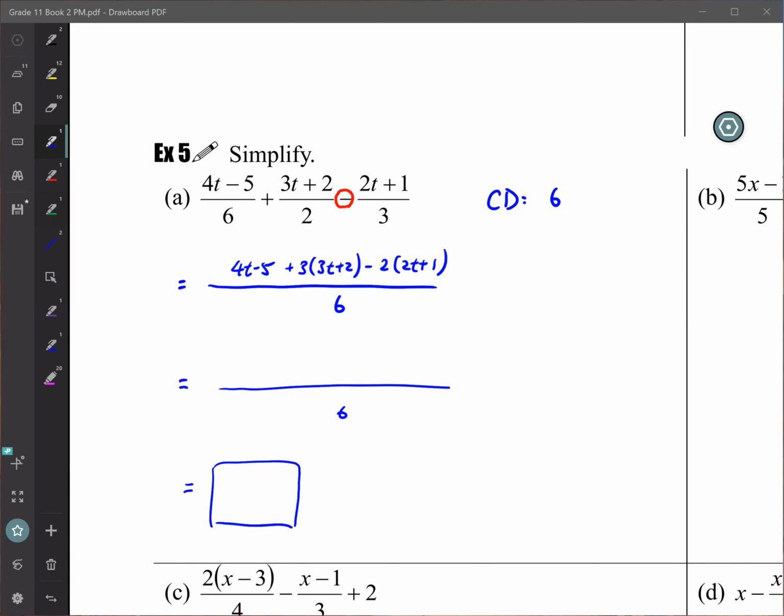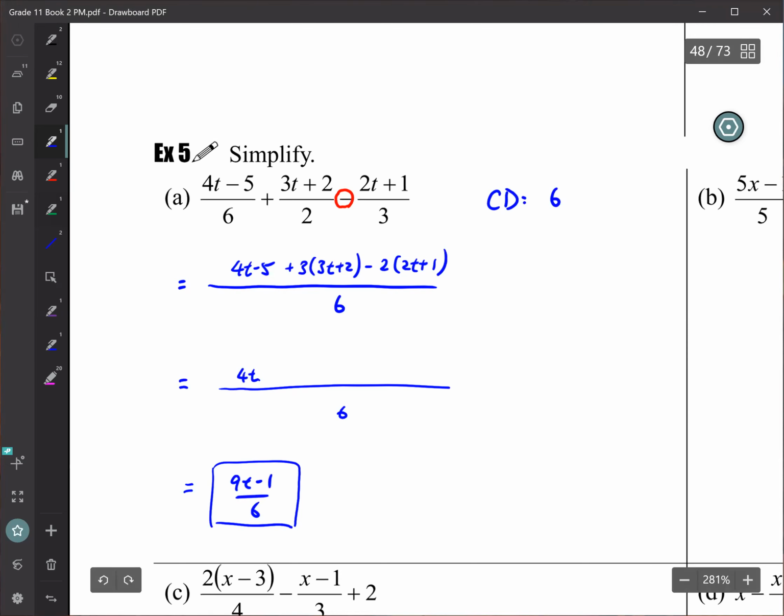Yeah, I got A. Okay, so what do you have for your final answer? 9t minus 1 over 6. Okay, so let's see if that's the correct answer.